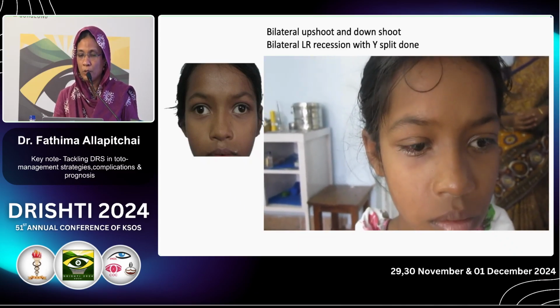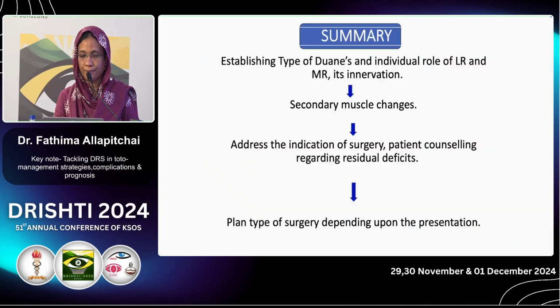disappearance of the upshoot and downshoot. To summarize, establishing the type of Duane's and the individual role of the lateral rectus and medial rectus, and their innervation, is very important, and we also have to look for secondary muscle changes.